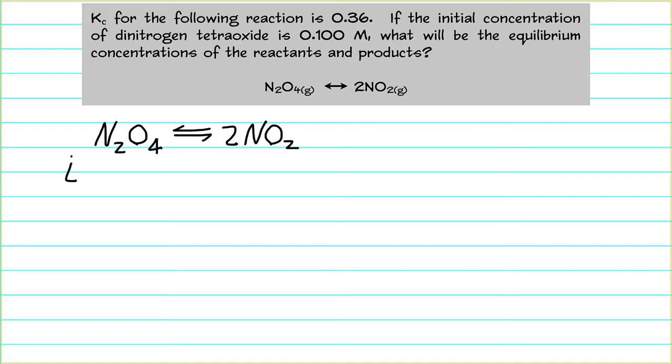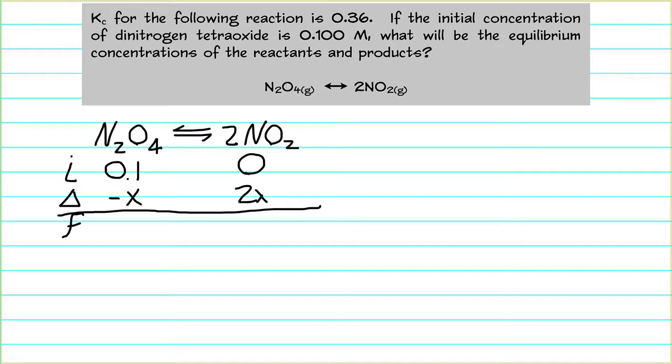And we need to set up our initial concentration, whatever change is going to occur, and our final concentration. And we're told in the problem we're starting out with 0.1 molar of the reactant and nothing of the product. So we're going to take away from the reactant, and we're going to add to the product. That's going to be 2x. So our final concentrations are going to be 0.1 minus x, and then 2x for the concentration of the product.